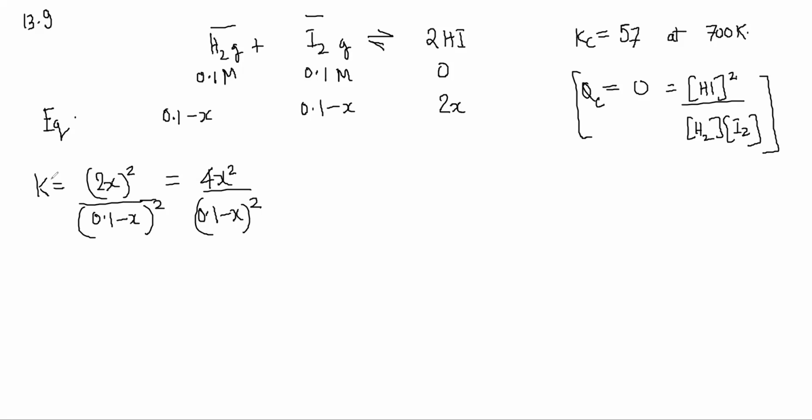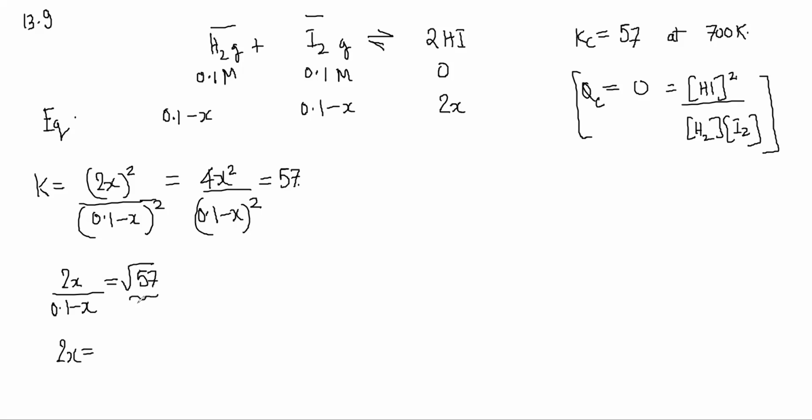This should be equal to your 57. There are multiple ways to do this, but one way that you should learn is this expression. Actually, in this case, you can just take the square root. You can just take 2x by 0.1 minus x is equal to root 57, and solve it like that.